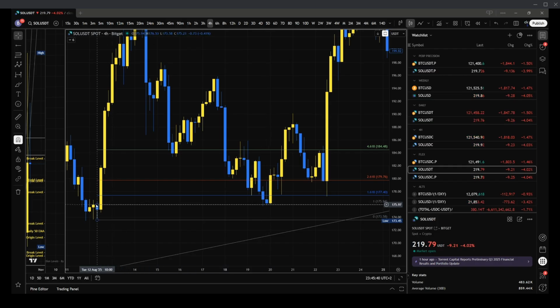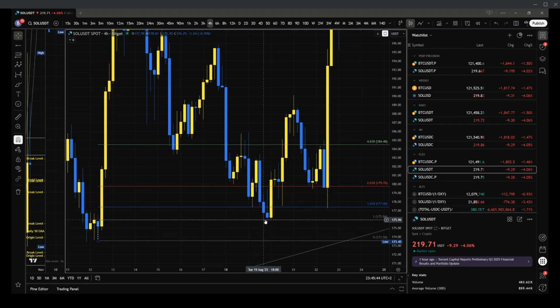And just to wrap it up, I mean, it just presents itself. It hit the entry almost to the penny. It eventually hit the exit, and then it went much higher.